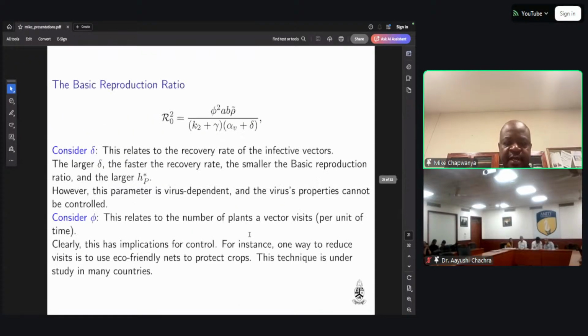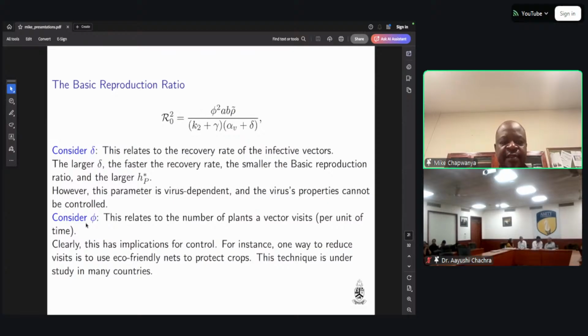So this is sort of the usual mathematical discussion one can do where you calculate what we call the basic reproduction ratio, which actually explains the rate at which one infected vector affects the plants. So important parameters there, which I highlighted at the beginning, is the delta. So as delta goes to 0, your R0 goes up, which means the disease might be difficult to control.